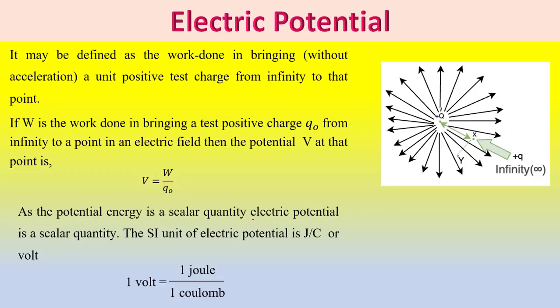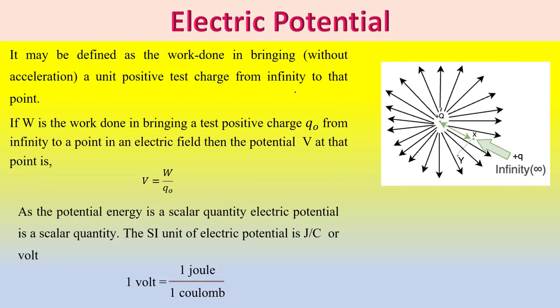So let us talk about the electric potential now. What is the potential? So electric potential at a point in an electric field is defined as the work done in bringing a unit positive test charge from infinity to that particular point. Now here, when you are bringing a unit positive test charge from infinity to a particular point in the electric field, that has to be brought very slowly.